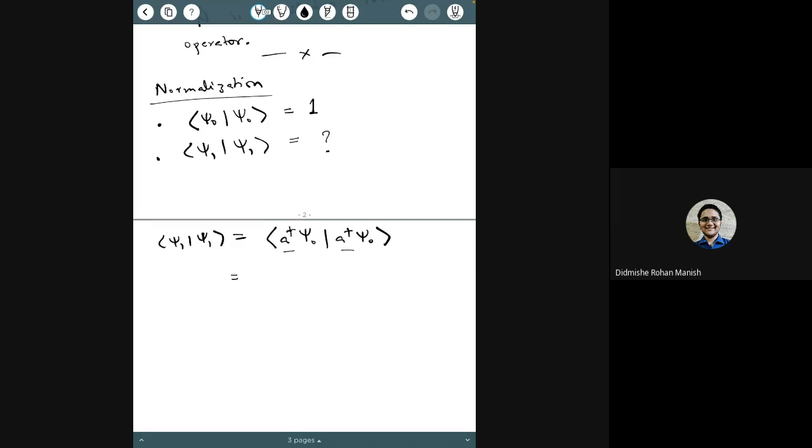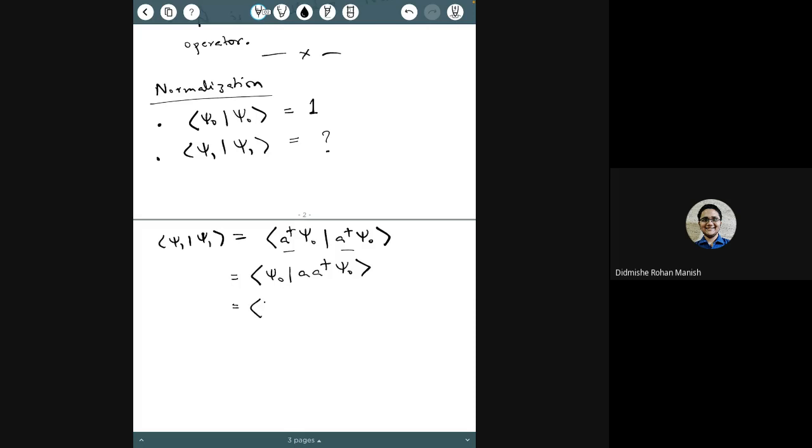So what we will do is we will keep the psi 0 in the bra part and take a dagger to the ket. And when I do that, of course, a dagger will change to A. So I will have A dagger psi 0. Okay.